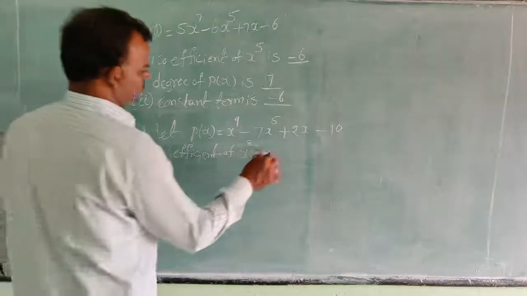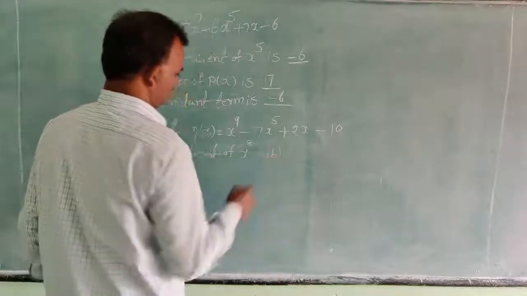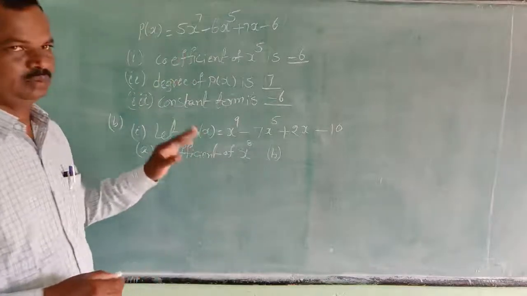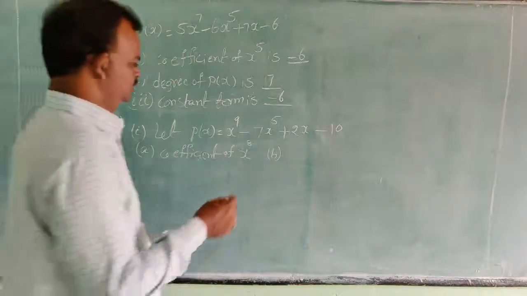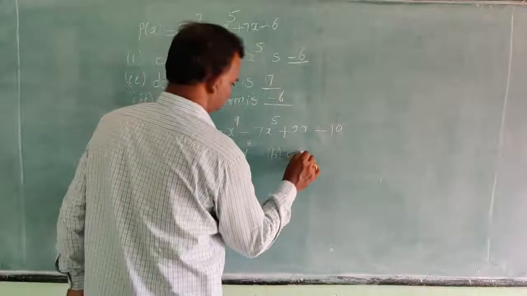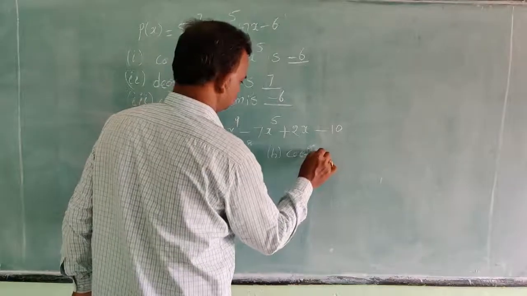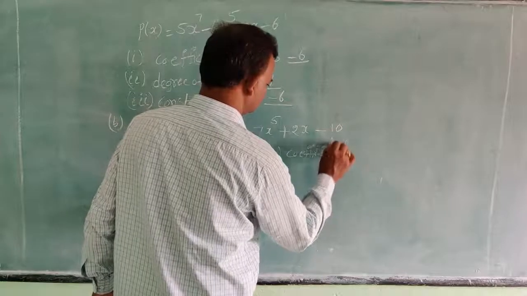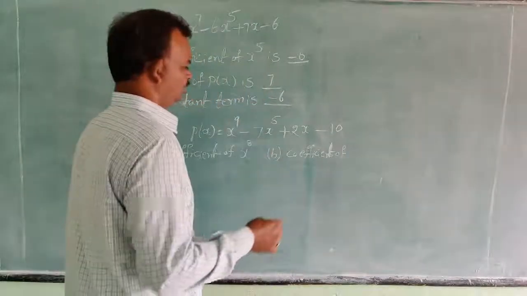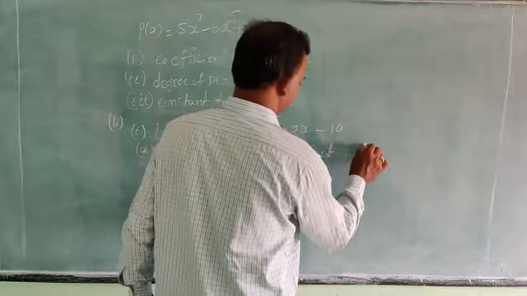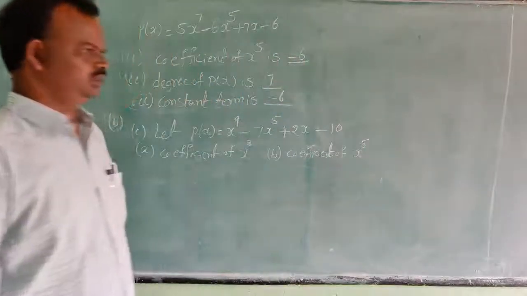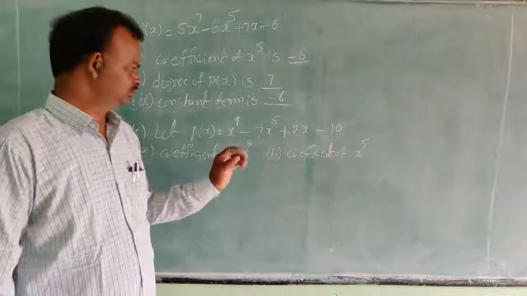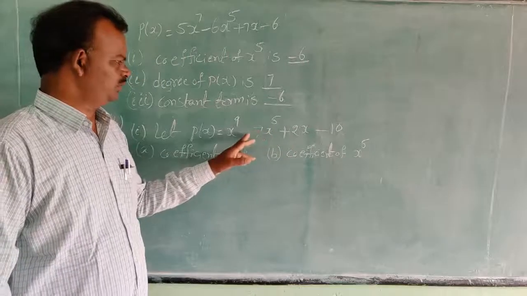Next, the second one, part (b). Here the first question is the coefficient of x^8 and the second one is the coefficient of x^5. Here the coefficient of x^5 is -7.